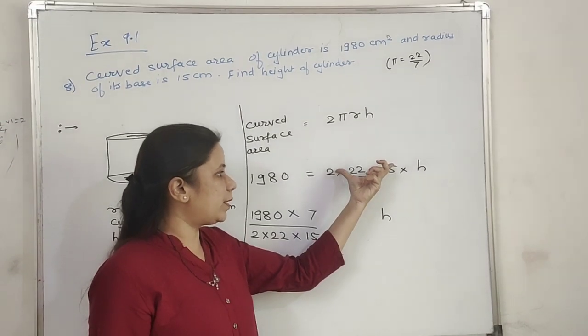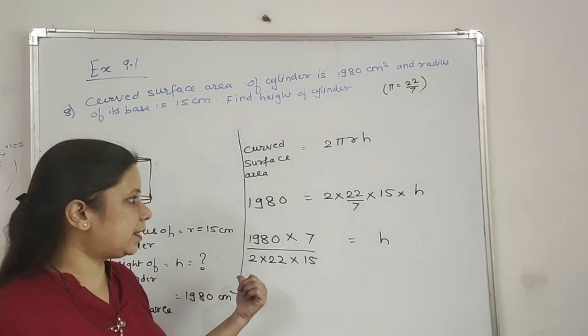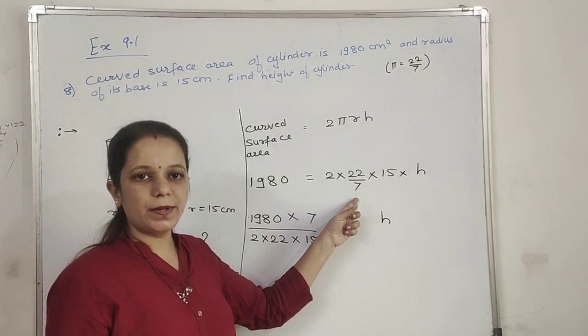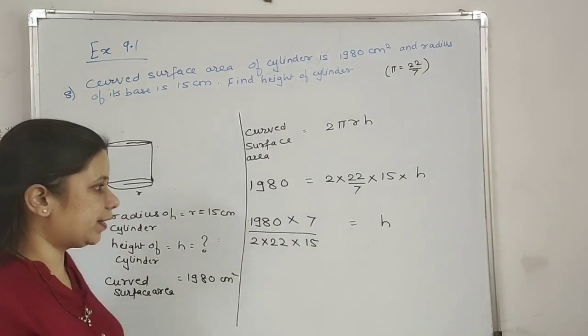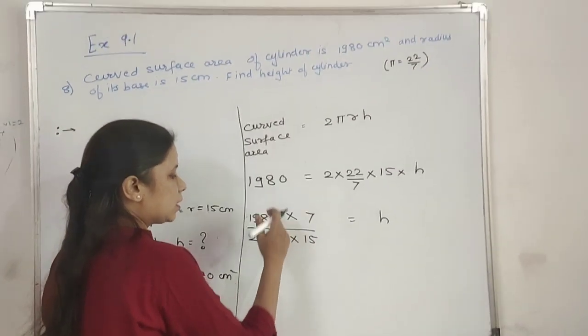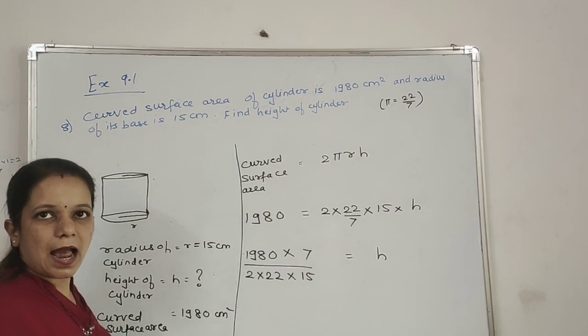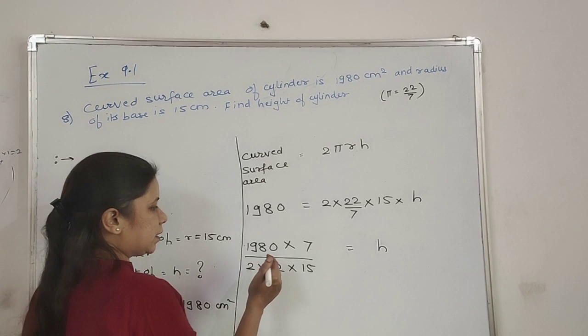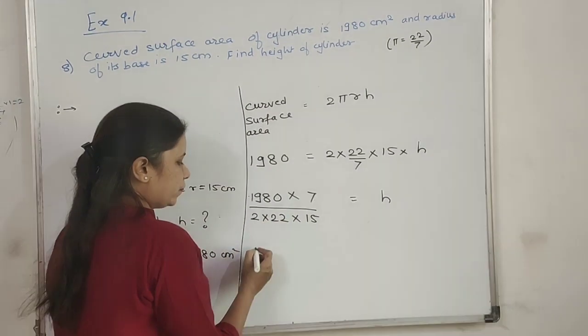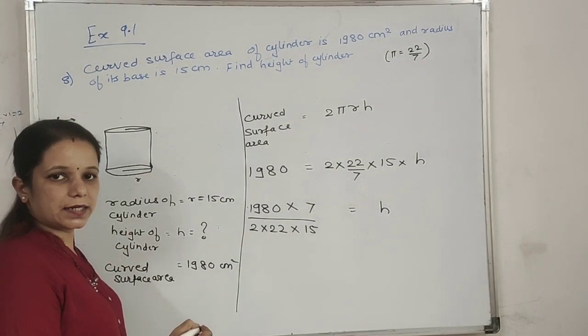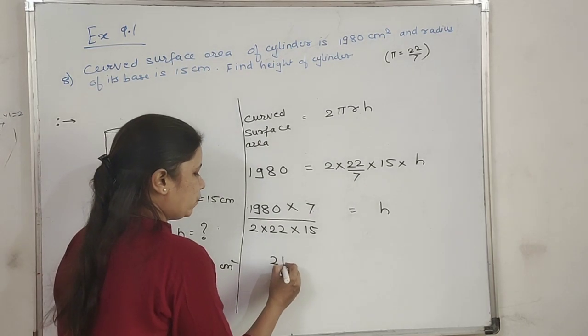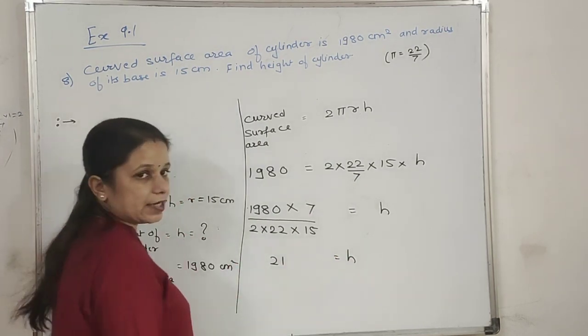Whatever is in the numerator will come in the denominator, whatever is in the denominator will go in the numerator. Now we will have to just calculate this, and after making certain calculations you will get height of the cylinder as 21 is equal to h.